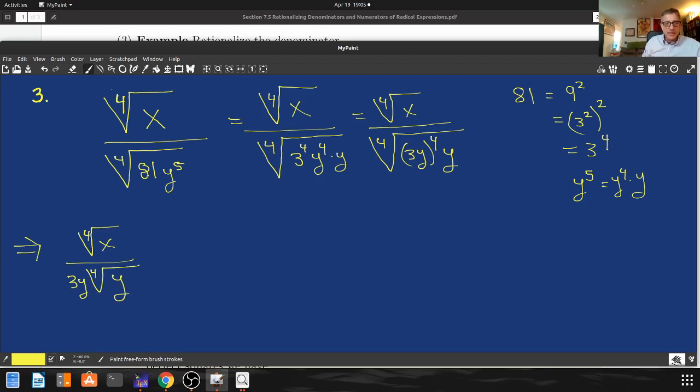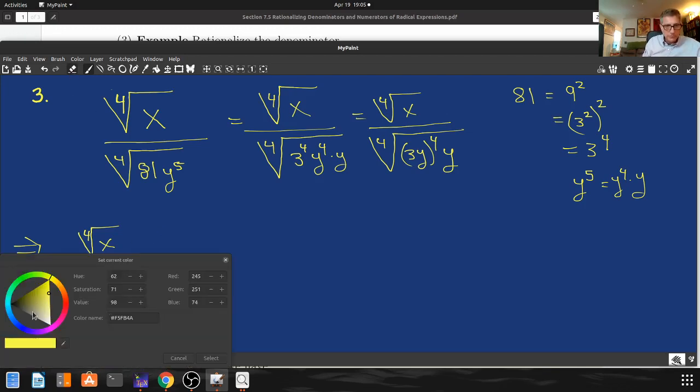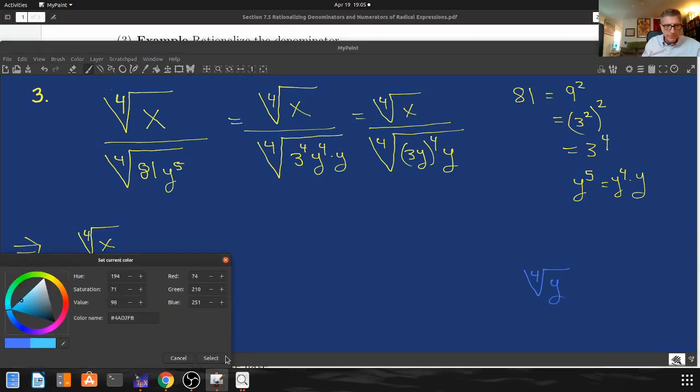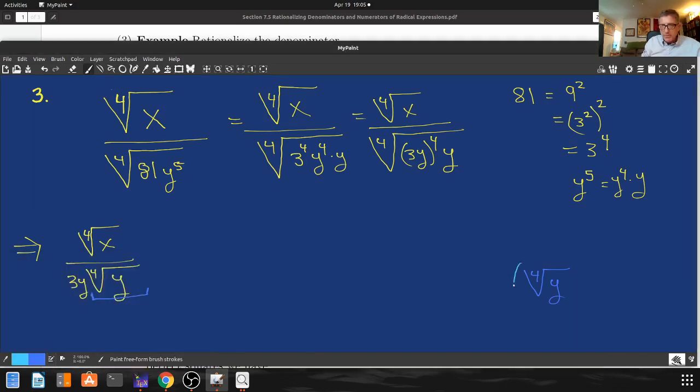So now let's identify my radical that cannot be further simplified. So it's the fourth root of y to the 1st power.